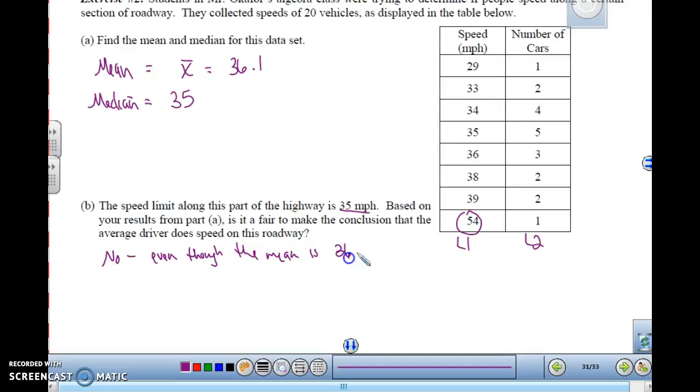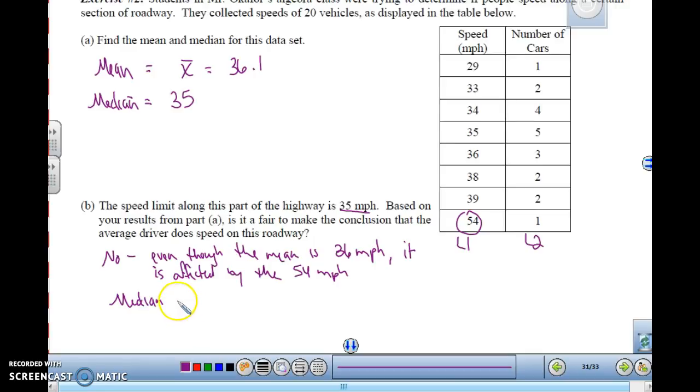Even though the mean is approximately 36 miles per hour, it is affected by the 54 miles per hour. Now the median is the middle number.